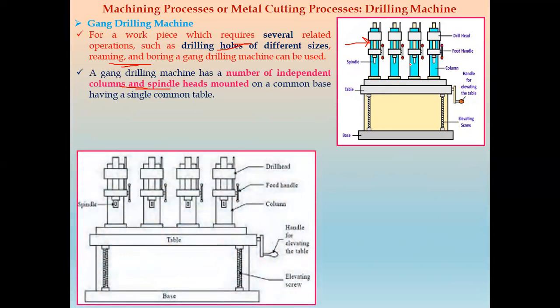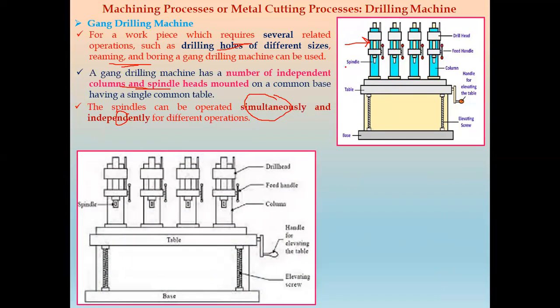So this is a diagram of the gang drilling machine. Now the spindles can be operated simultaneously, as well as independently. Both can be done.